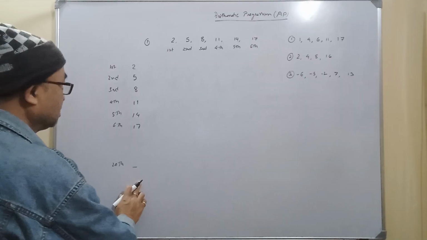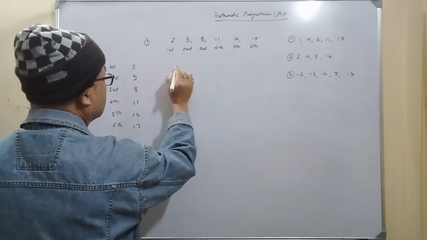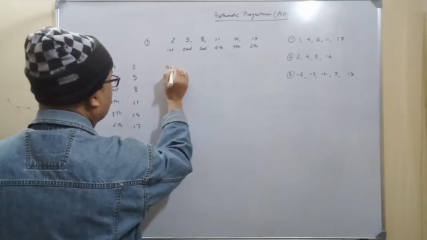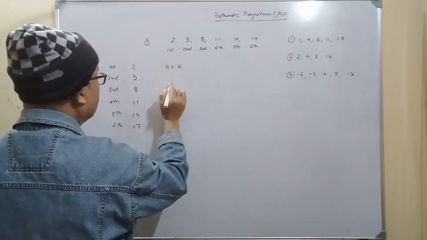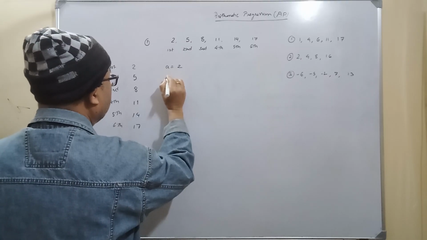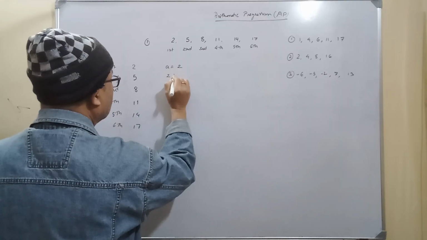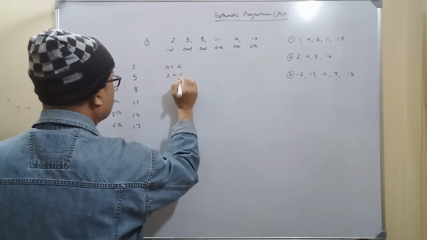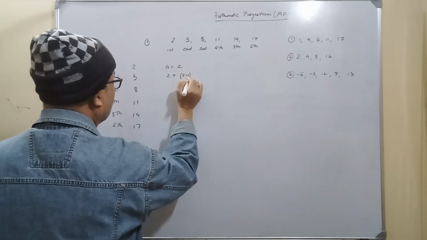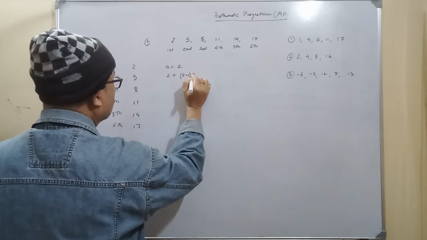This arithmetic progression, if you notice carefully, the first term is, suppose the first term is denoted by a, which is 2. The next term is obtained by 2 plus 2 minus 1. What is the common difference? Common difference is 2 again.